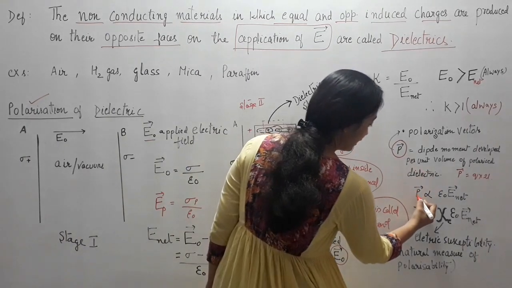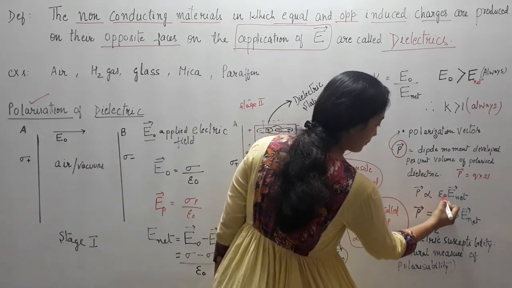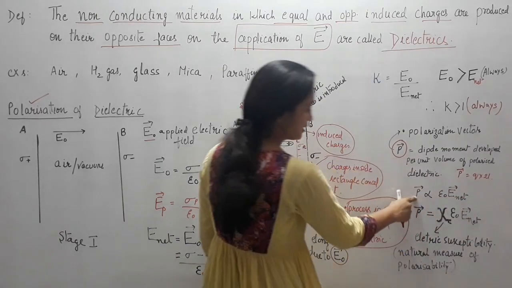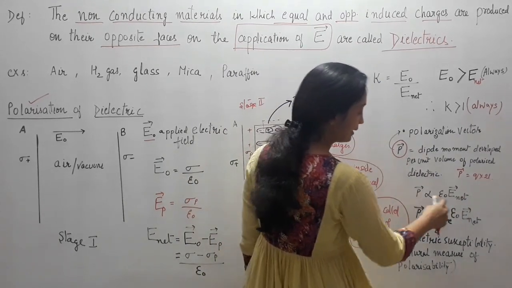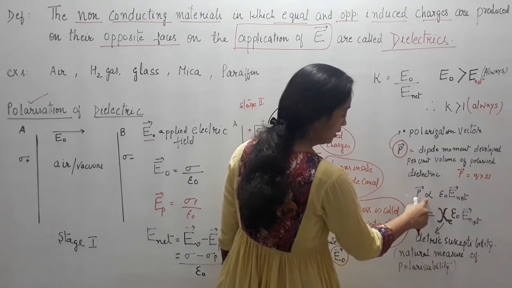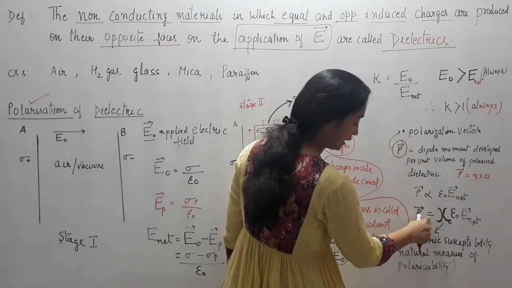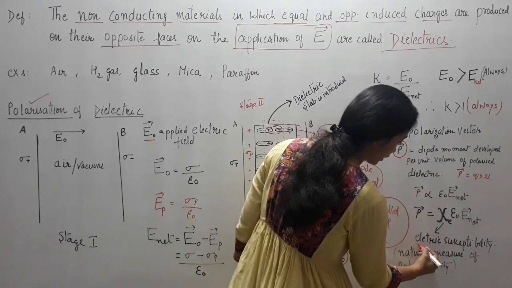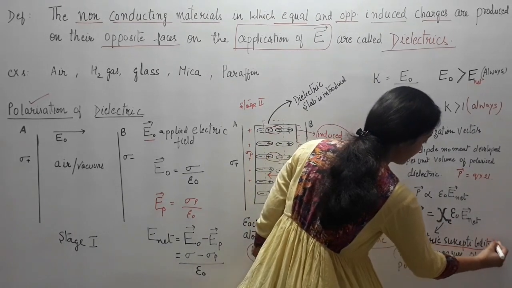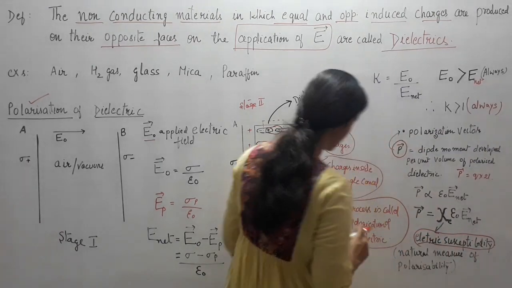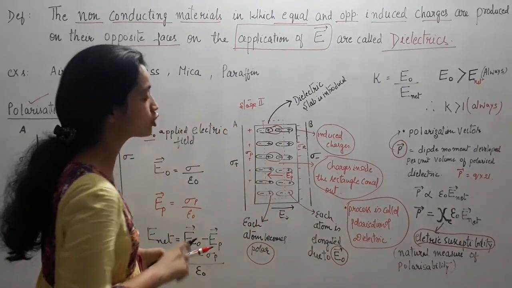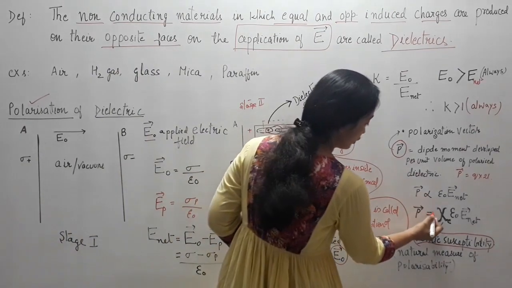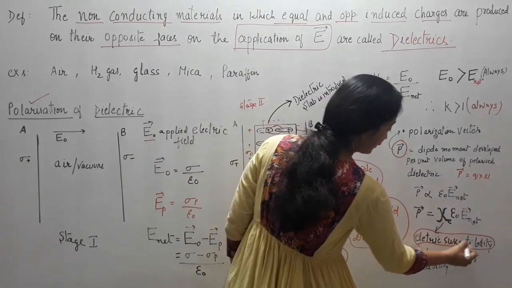So the polarization vector is directly proportional to epsilon naught and the net electric field. Taking the proportionality and putting equal to, we introduce a constant. This constant is also important. It is called electric susceptibility. You will have this term again in magnetostatics also, where we will define it as magnetic susceptibility.